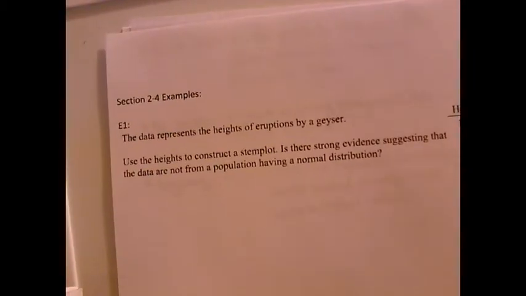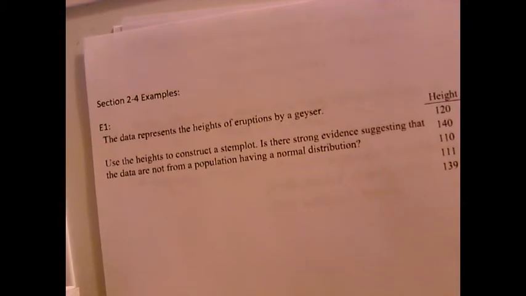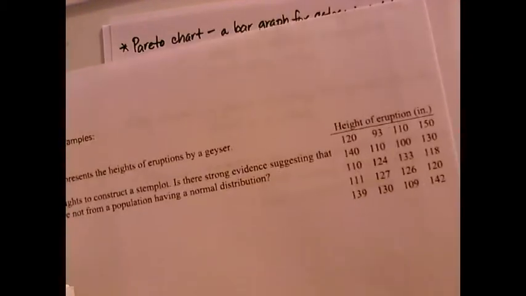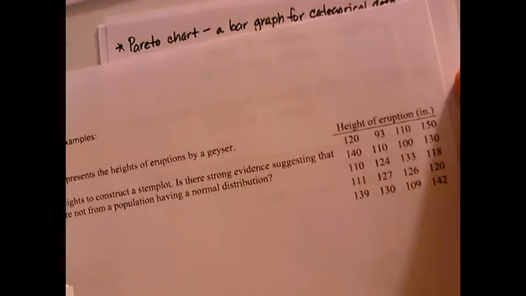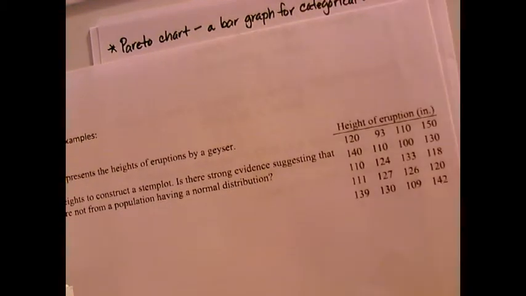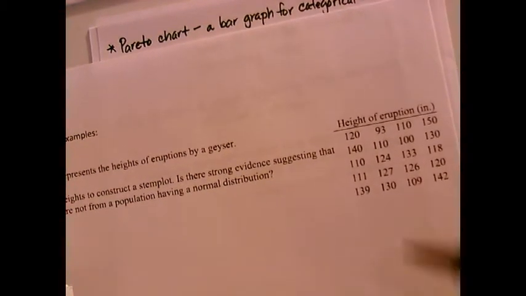Here we have a list of data. These are the heights of the eruptions in inches on the right hand side, and we're going to use that data to construct a stem and leaf plot.